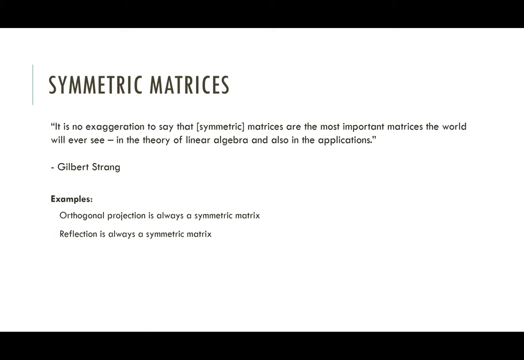Outside of this class, the discrete Fourier transform is a symmetric matrix, and this one's got to be up there in some of the top symmetric matrices of all time. This has applications in signal processing and data compression, hugely important in our modern world.